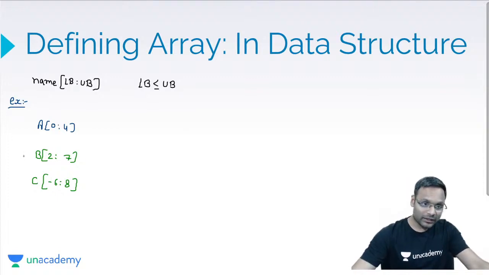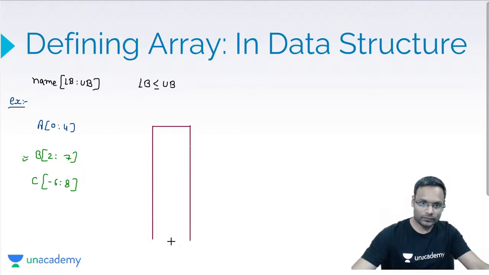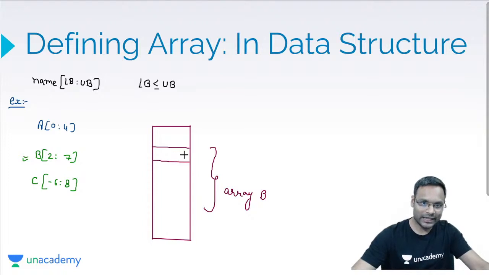Let's talk about this particular array. How do we store this particular array in the memory? Let me talk. Let's discuss how we will store it. So this is the memory I have drawn here, and in the memory I want to store array B. The first element is not at index 0, it is at index 2.